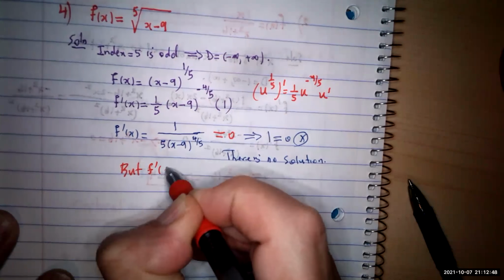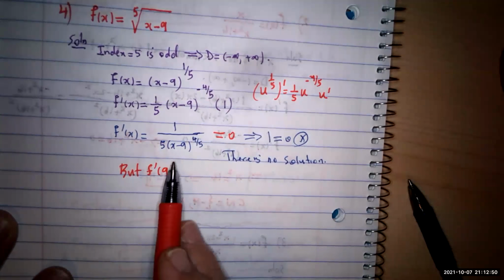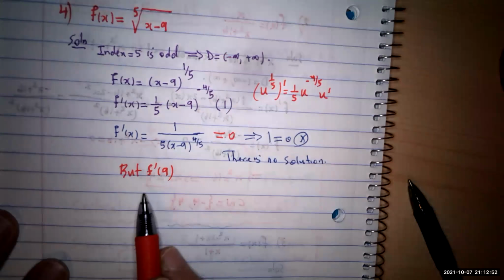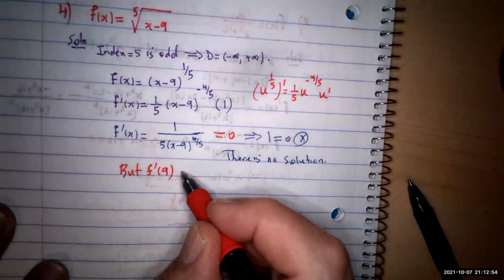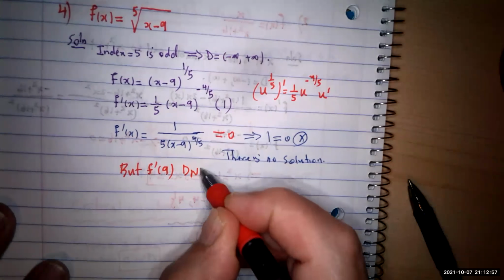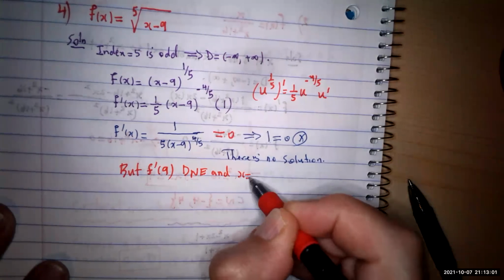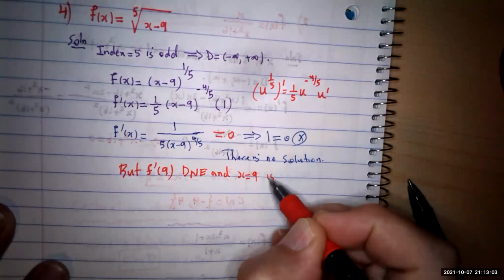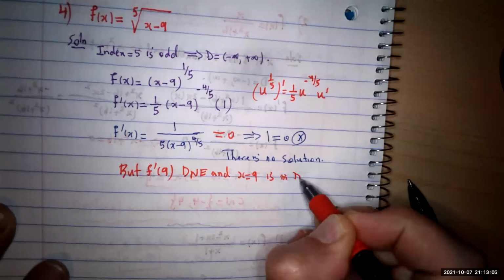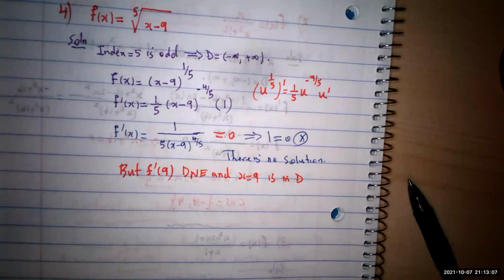F prime of 9, because if you put x equal to 9 here, f prime of 9 does not exist. And you have to check x equal to 9 is in the domain of the function, because sometimes this number may not be in the domain of your function, so you throw it out.